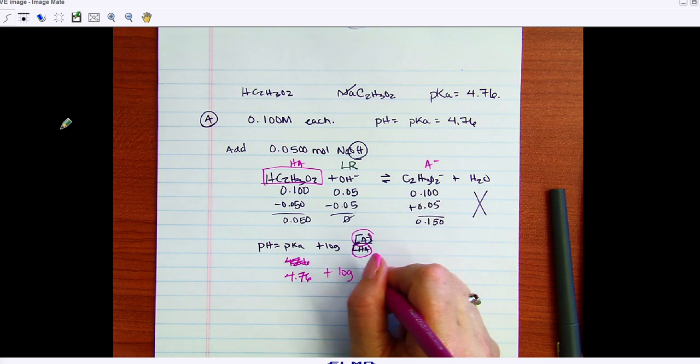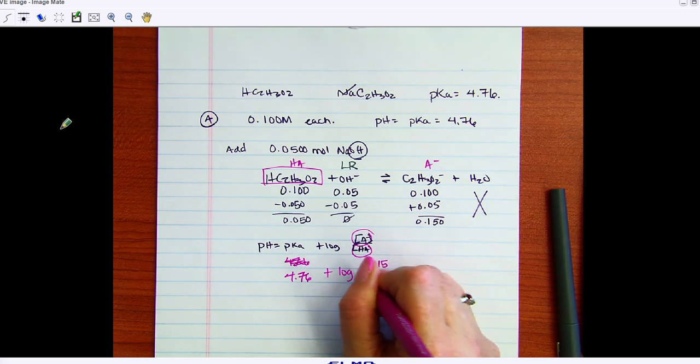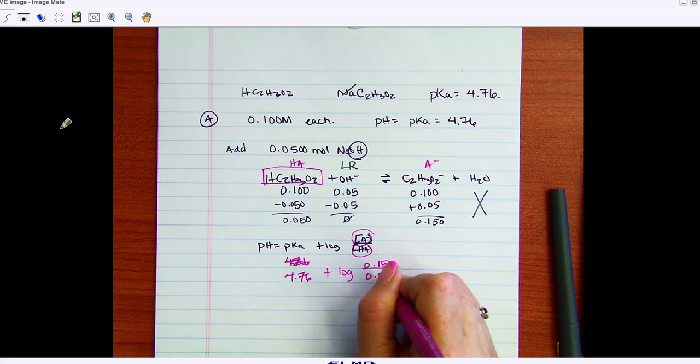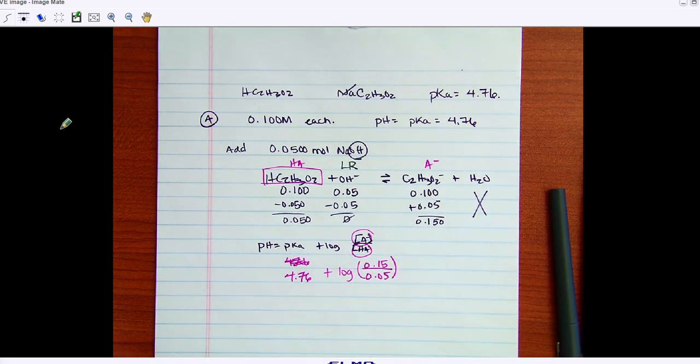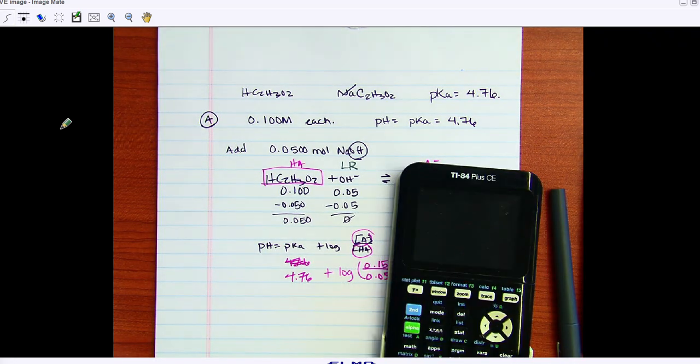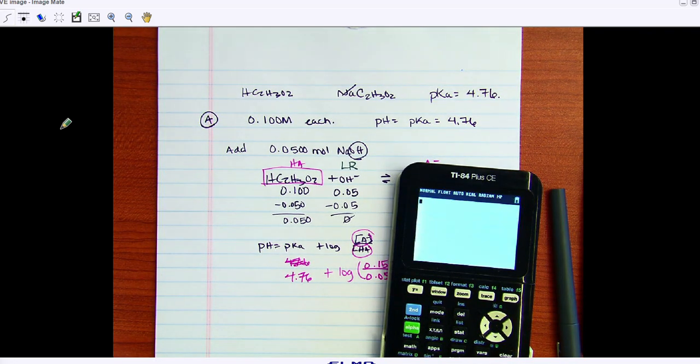So my numerator is 0.15 and 0.05. Now, this ratio is greater than 1. Numerator is bigger, so that means that when I take the log, it should be a positive number. And it is. And I'm going to add it to 4.76.